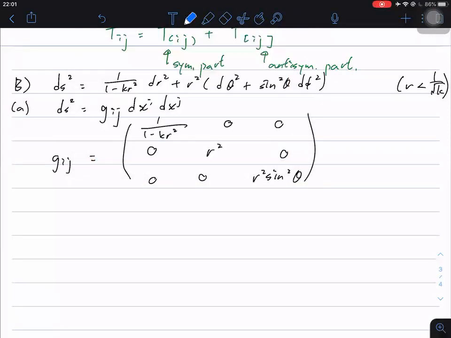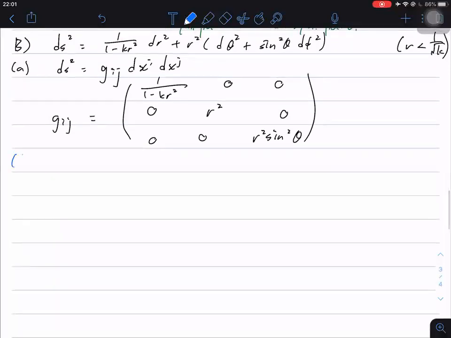Easy. Okay, for part B, things get a little bit complicated because you are asked to find the radial distance. So in this metric, you're asked to find the radial distance between r equals 1 over 2 root k and 1 over root 2k.